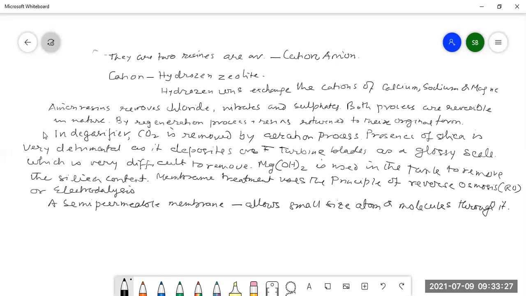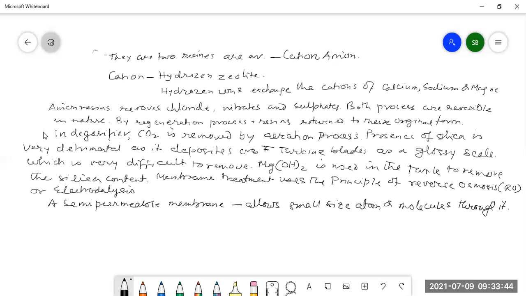Pure water, as if there are no other molecules inside it, goes through very easily. But contaminants having larger molecules cannot pass through, and dissolved salts remain behind on the surface of the membrane, which then gets choked up.